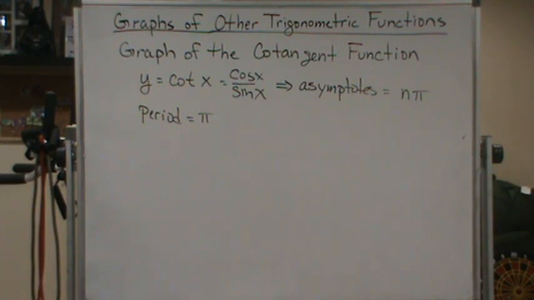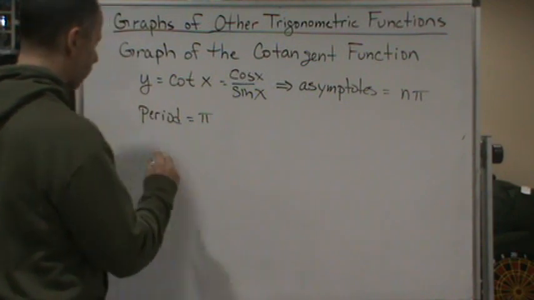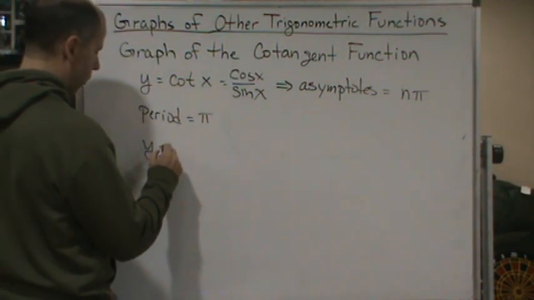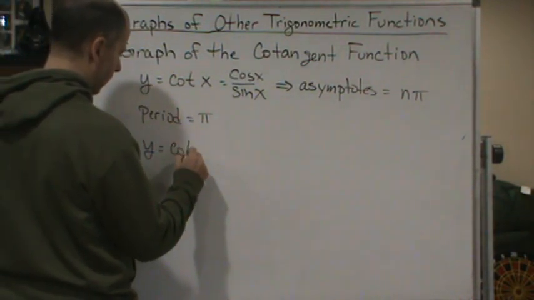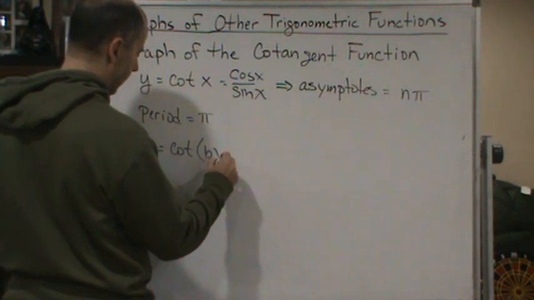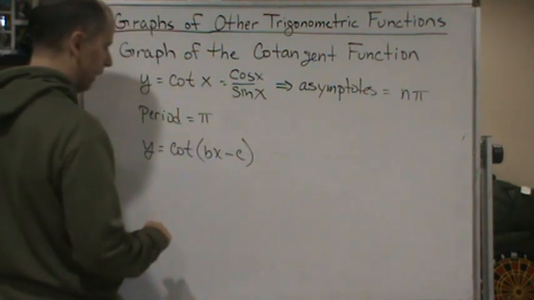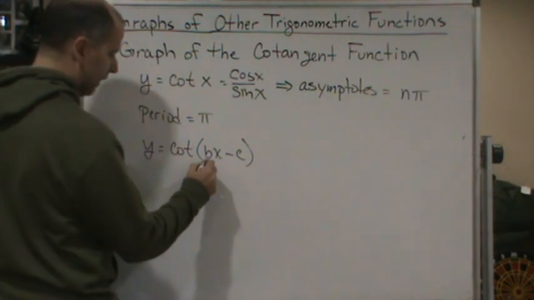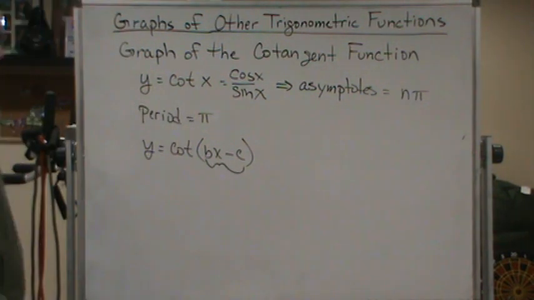What else? And of course, just like before, right? So if we take y equals cotangent of bx minus c, if we have anything like this, where we have this argument, bx minus c, again, we'll find the asymptotes by solving that equal to not pi over 2, but in this case, equal to pi.